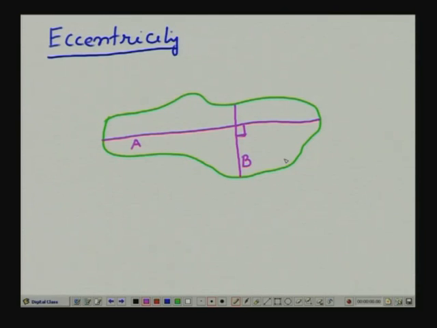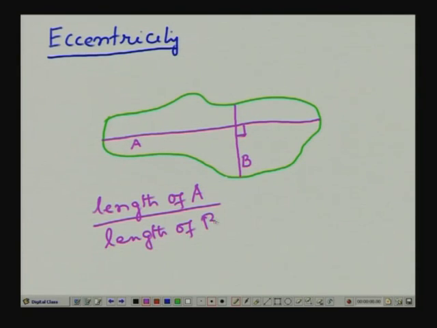So, given such a situation, the ratio of the length of the maximum chord, length of A, to the length of B. So, the ratio of these two chords, one is a chord of maximum length and the second one is a chord which is again of maximum length, but perpendicular to the first chord, this is what is called eccentricity of this particular shape.